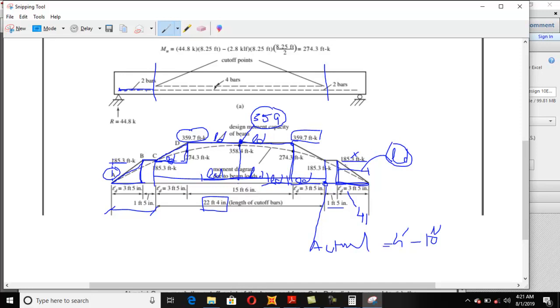Remember. And similarly, on this side also, both left and right of this point, your bar must be embedded into the concrete for a length of LD. Okay, so then the design moment capacity will be 185.3.